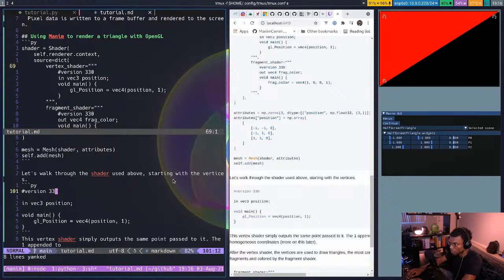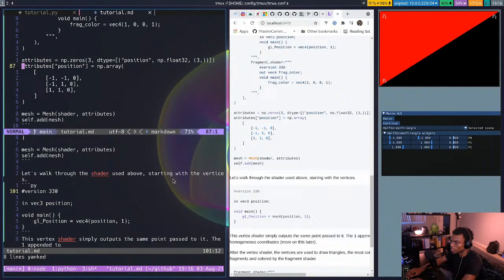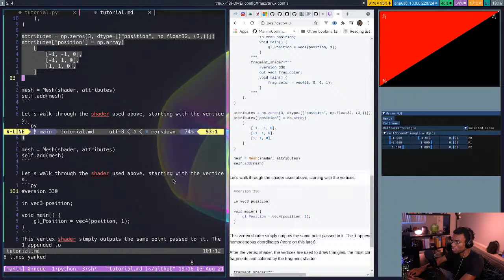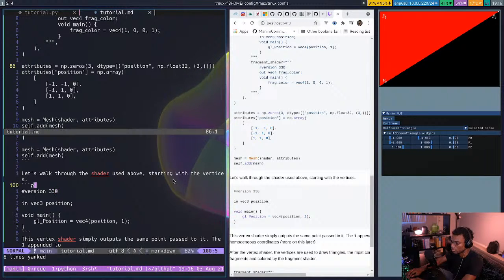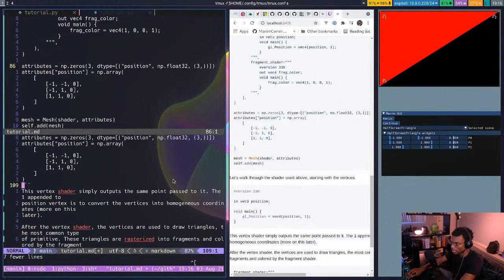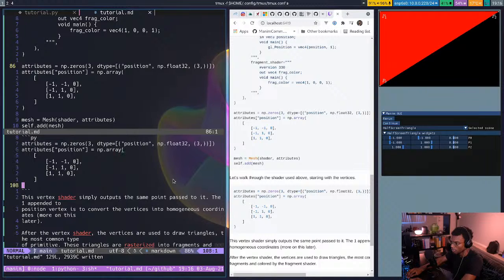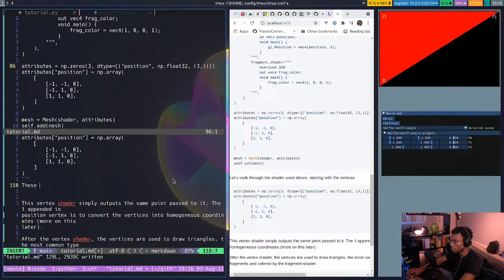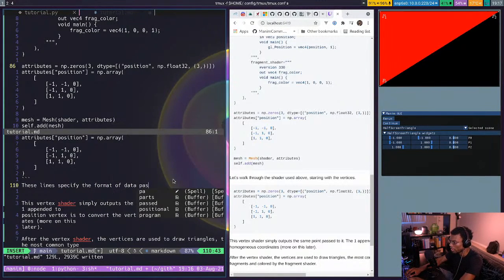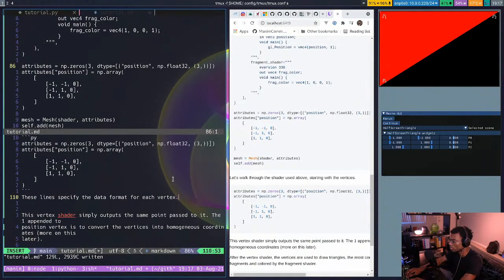Okay. So the vertices are basically here. So start with that. These lines specify the format of data passed, the data format of each vertex.